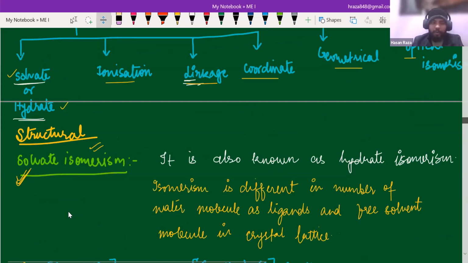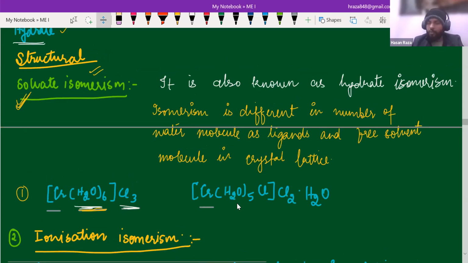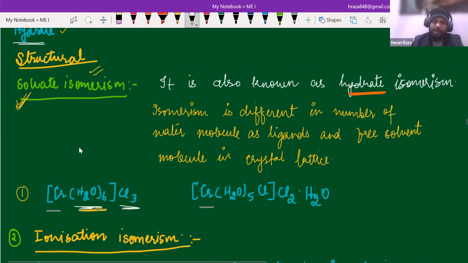As you can see, this is your first coordination compound. Now there will be exchange. There are 6 water ligands, H2O aqua ligand. Now there is H2O 5. But the overall coordination number is 6, and their coordination number is also 6. The difference is that there will be exchange of solvent or water with the counter ion.